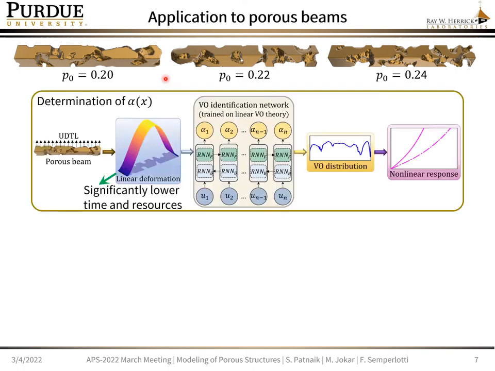For this, we first obtain the linear response of the porous beams, which requires significantly lower computational time and resources, and then we embed it within a machine learning framework which learns the variable order linear theory and provides us the variable order distribution. In brief, it takes as input the linear response of any solid, and gives us the variable order distribution which characterizes the solid.